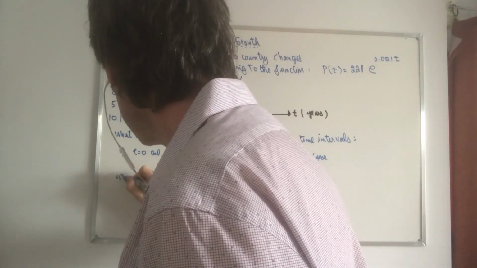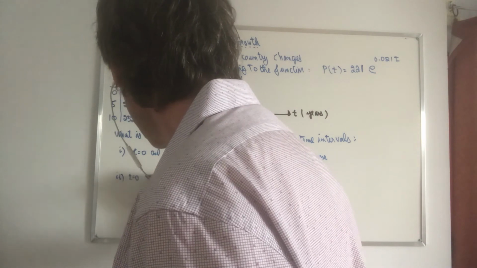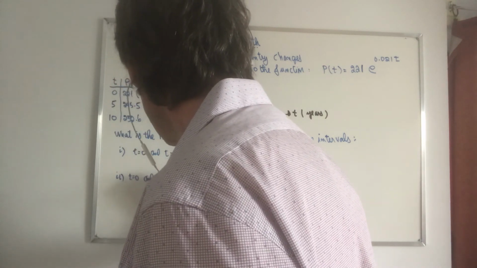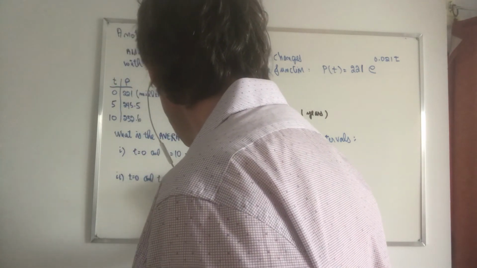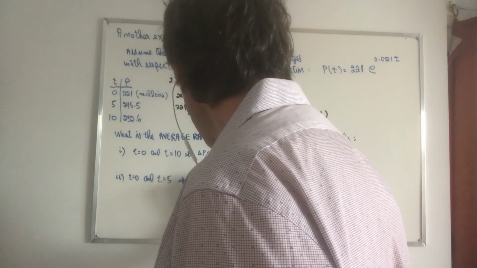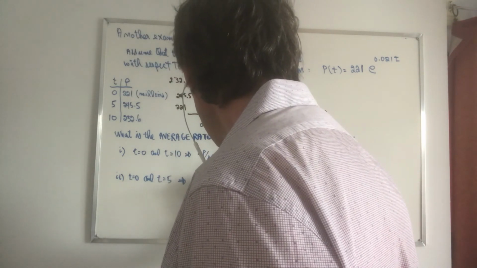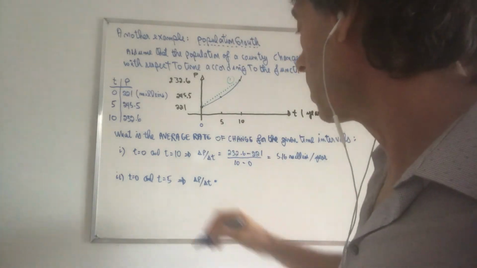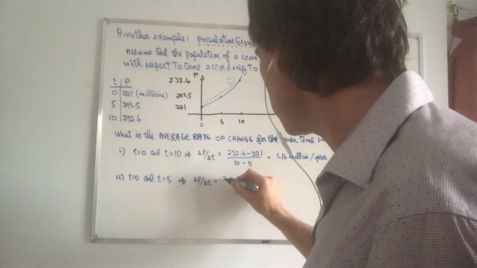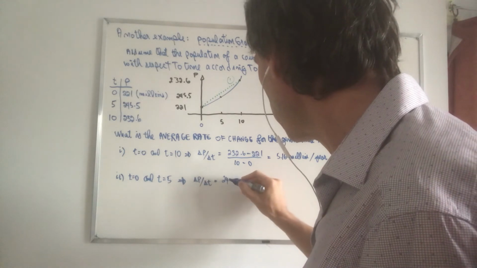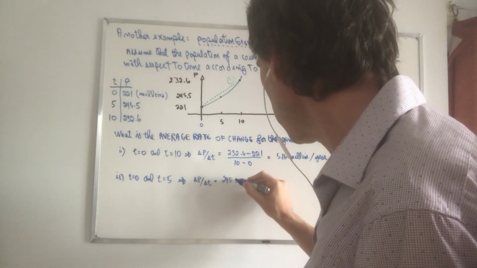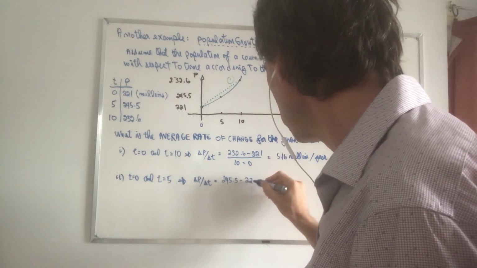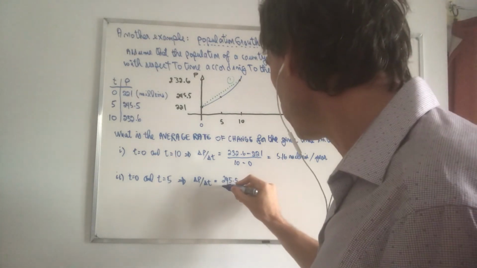So now let's do the same thing between 0 and 5. So between t equal to 0 and t equal to 5, the delta p over delta t, the change in population divided by the change in time. At t equal to 5 it is 245.5 minus the value at time 0, 221.